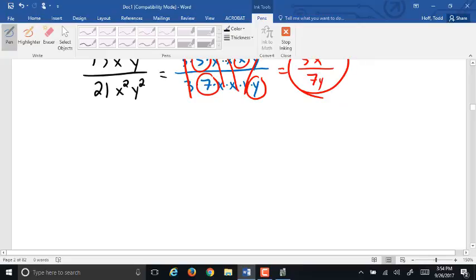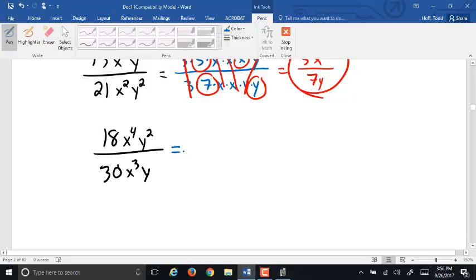I'm going to have you guys try one. Let's do 18x to the fourth y squared over 30x to the third y. I've reduced that in your notes. We'll talk about it in just a minute.